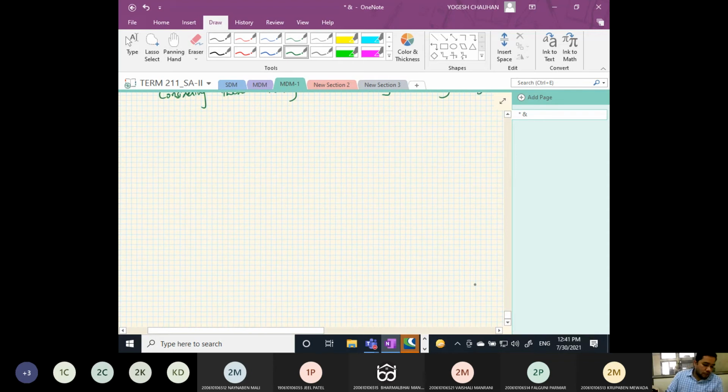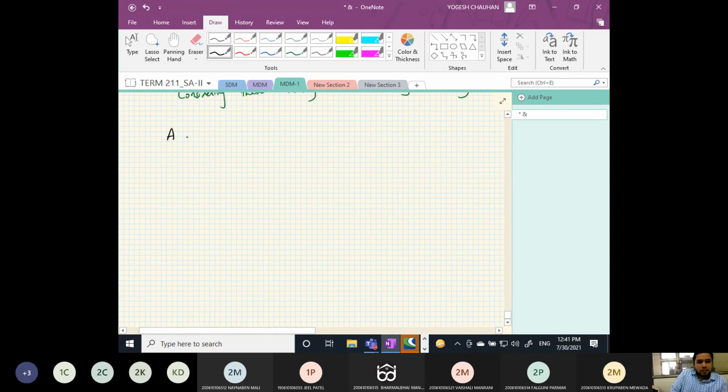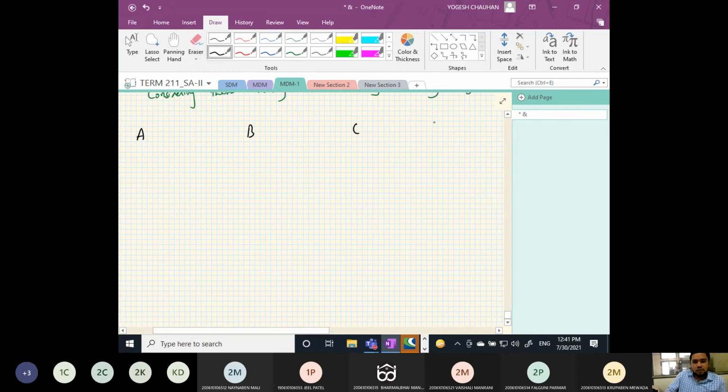So same as earlier, we carry out the moment distribution. So let us say this is A, B, C and D. These are the joints, members. So members will be AB, BA, BC, CB, CD and DC.